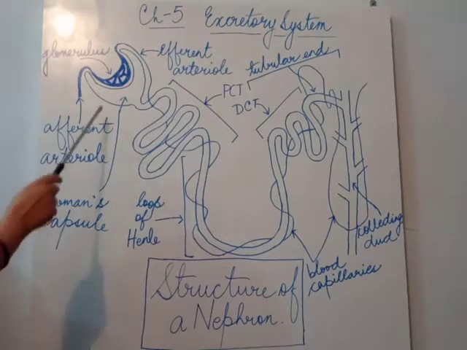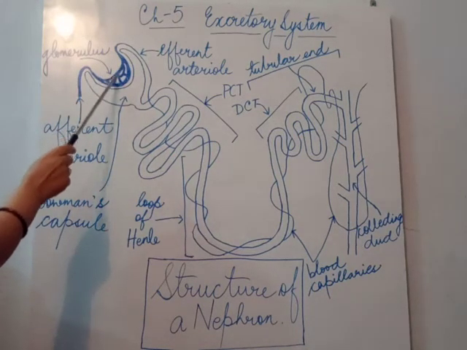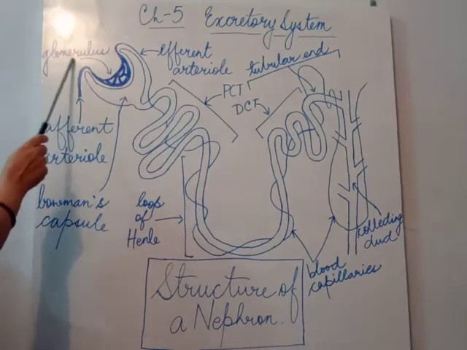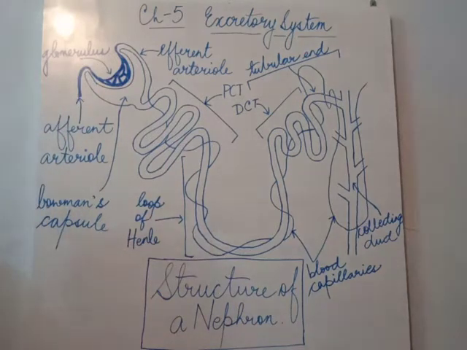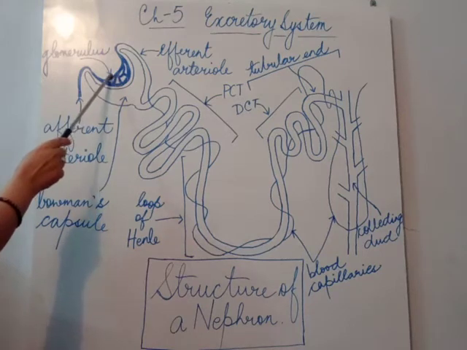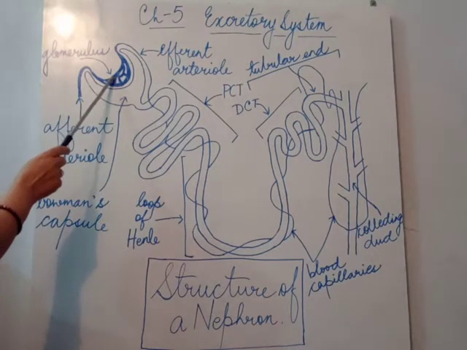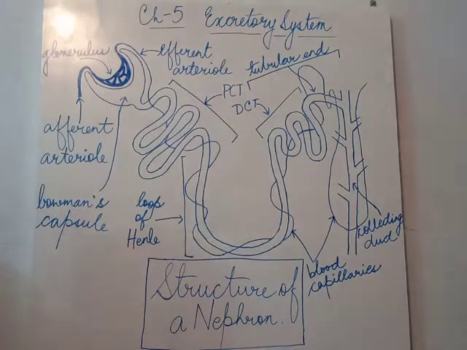Inside it you can see a mass of blood capillaries, known as the glomerulus, plural glomeruli. Blood capillary is a type of blood vessel which has a very thin wall, made up of a single-celled wall.